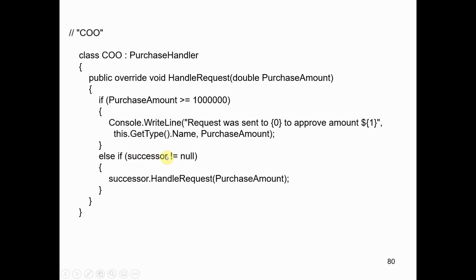In our scenario we know he's the last one, but just in case, in the future, if you want to have more people involved behind the COO, it may have a successor. This gives you the flexibility if you want to set up the chain differently, or expand the chain.